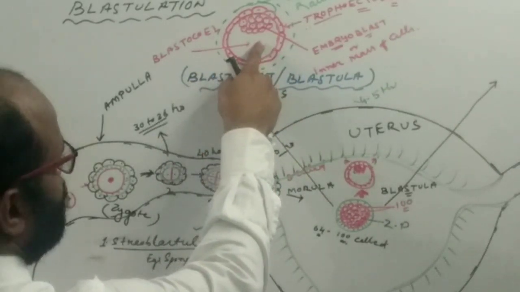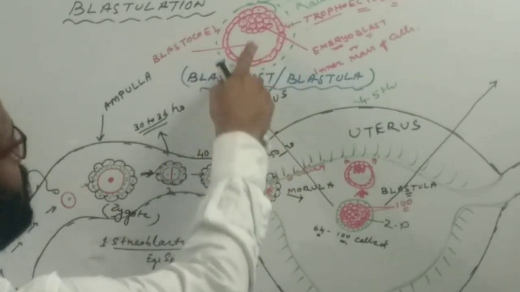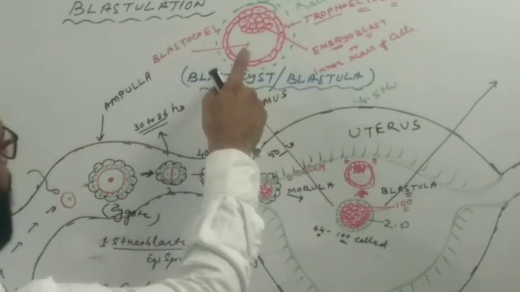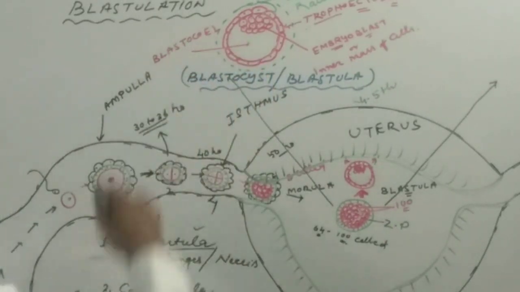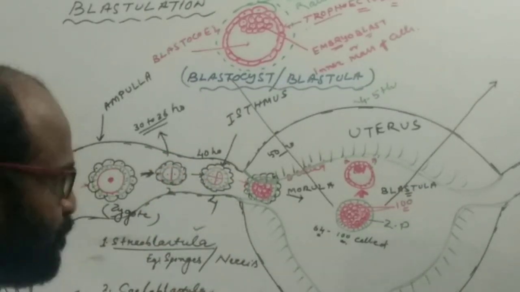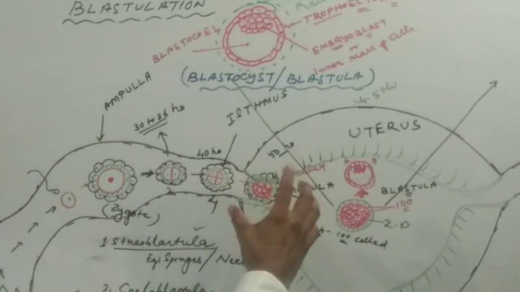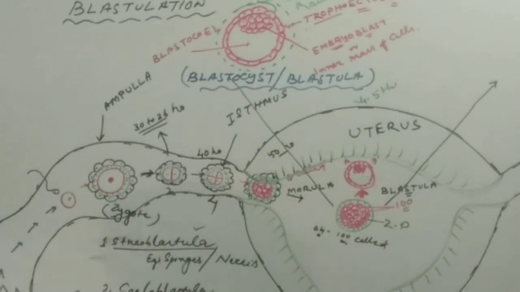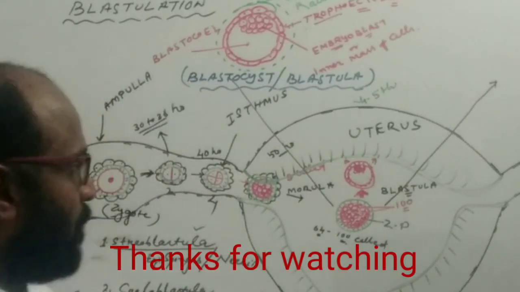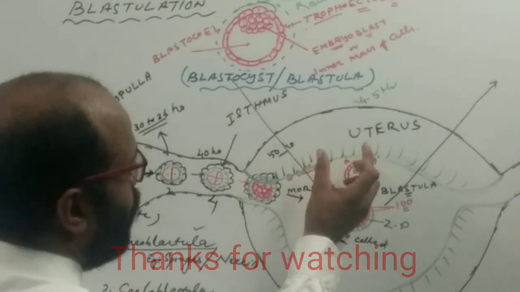The inner mass of blastomeres develops into the actual embryo and is known as the embryoblast, and there is a space filled with body fluid. So this is the formation of the blastocyst. Now this blastocyst attaches to the uterus, and this process is known as implantation. In my next video, I will discuss how this blastocyst or blastula attaches to the wall of the uterus.